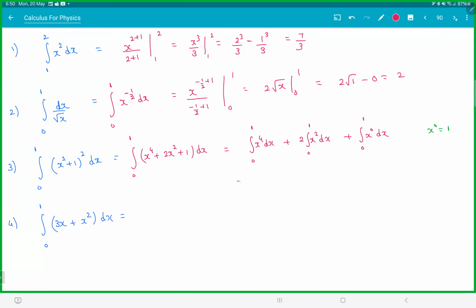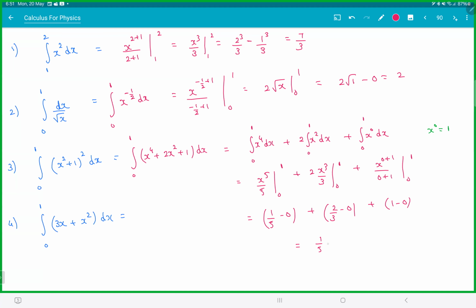So now if you apply the formula here, this is x power 5 by 5, limits 0 to 1, 2 times x cubed by 3, 0 to 1, and x power 0 plus 1 by 0 plus 1, 0 to 1. Basically, it is x only. This is 1 by 5 minus 0. This is 2 by 3 minus 0. When you put 1, you get that, and this is 1 minus 0.